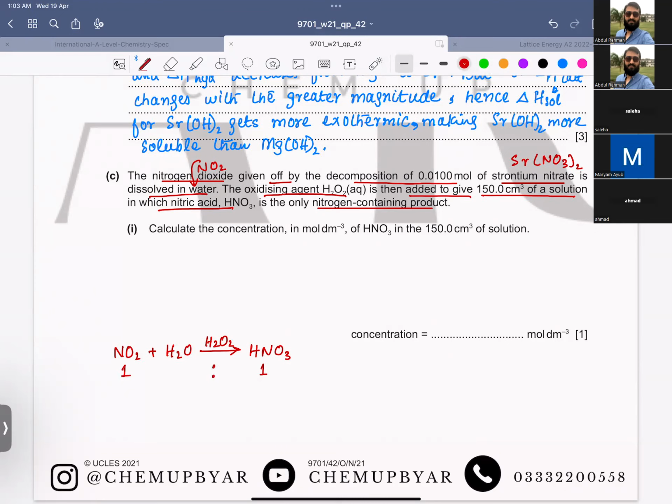So it means that first we have decomposed 0.01 mole. Let's have a look at the equation. If I write the equation for the decomposition of strontium nitrate, it would give me 1 mole of strontium oxide, 2 moles of nitrogen dioxide, and half mole of oxygen.